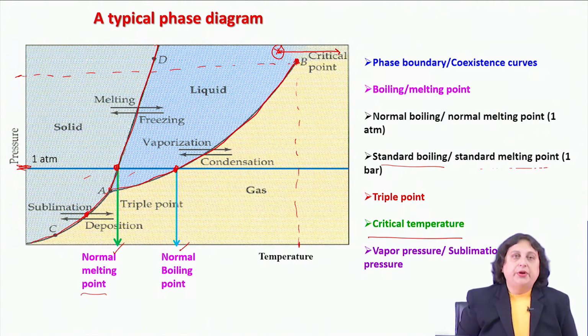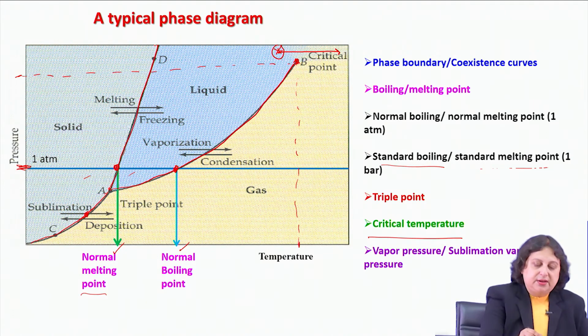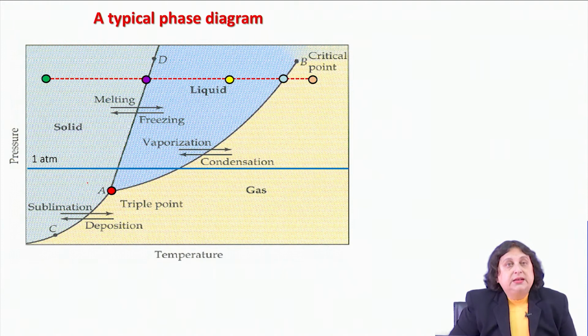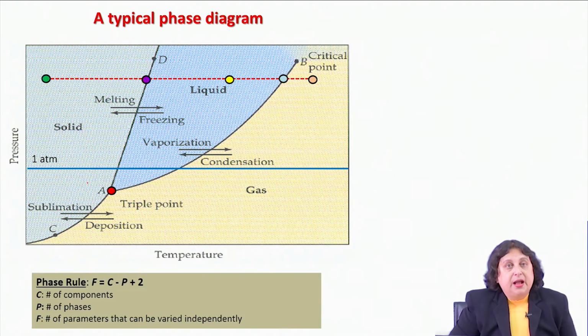There is one more point which is of high interest for a phase diagram like this, and this is this point A. Now at this point, I have all the three phases coexisting with each other. And now if I look at this phase diagram, I can recall that there is in the literature of phase equilibrium what is known as the phase rule.